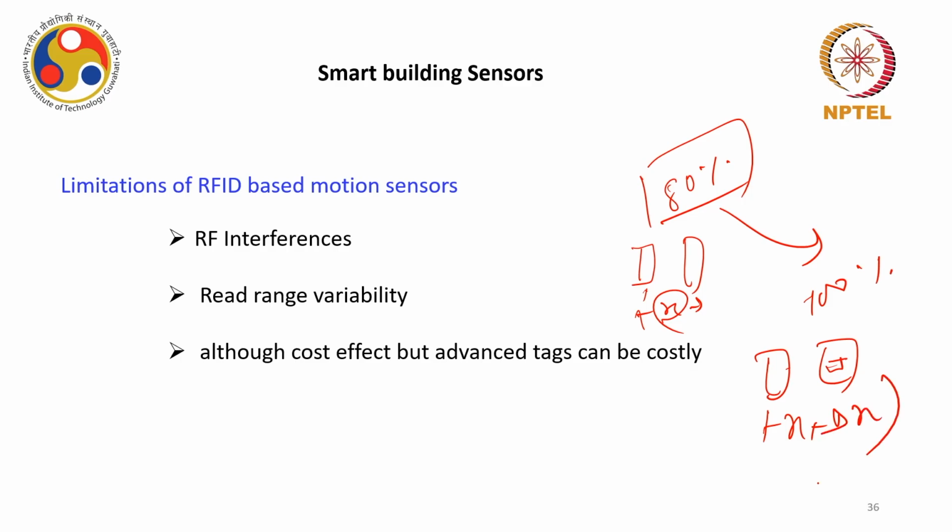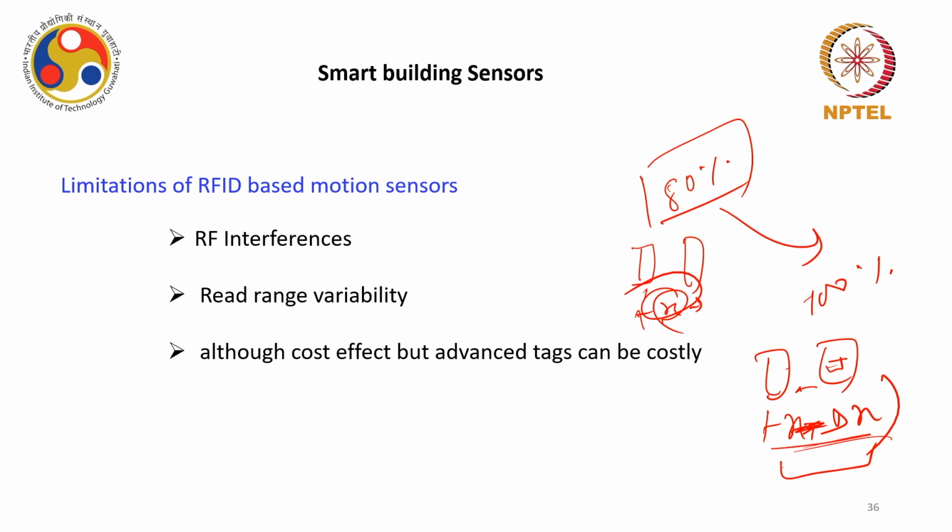Or, earlier you were able to read at a distance x, now you have to be in close proximity, and a distance of x minus delta x is required. So there is a read range variability, particularly depending on the ambient conditions.